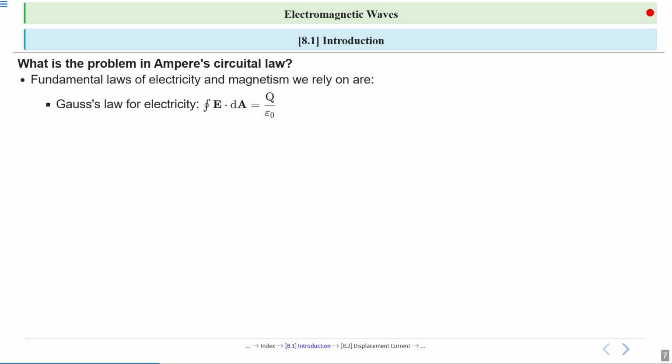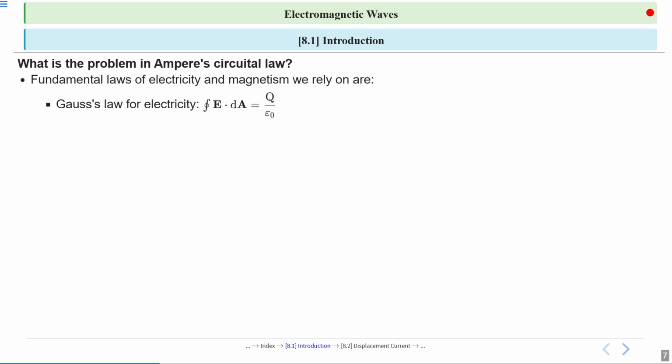The first is Gauss law for electricity: the closed integral over a closed surface of E dot dA is equal to Q upon epsilon naught. That is the statement of Gauss law for electricity.